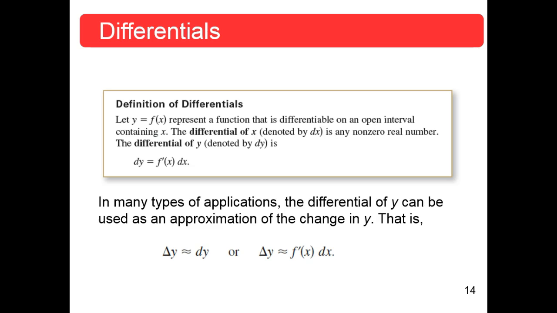So in other words, you can't have the dx being 0. It has to be a little bit off from what your x is. So the dx is any non-zero real number. Then the differential of y, denoted by dy, is dy is equal to f prime dx. Okay? Now, here's the part.